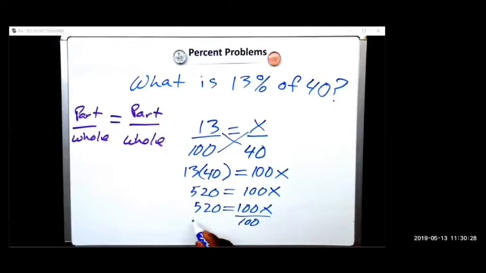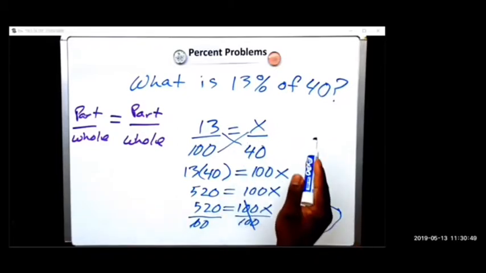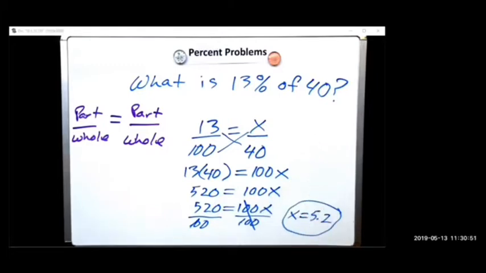Whatever you do to one side of the equation, you do to the other side of the equation. So 100 divided by 100, that crosses out, right? 520 divided by 100, and you're going to get x equals 5.2. What does that mean? 13% of 40 is 5.2.